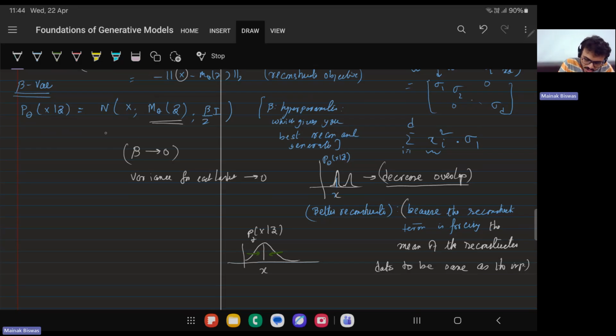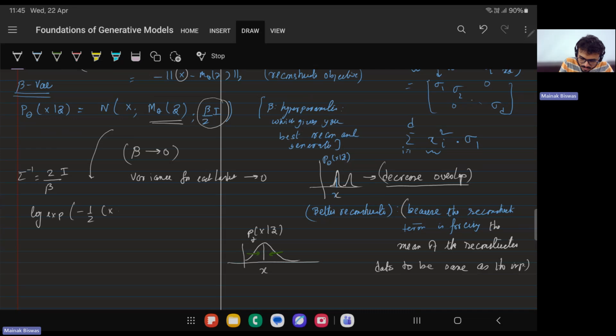So let's write down the loss function for this. In the same way, log of exponent of minus half, where your sigma inverse matrix is 2 by beta times the identity matrix. We just invert the scaling term.